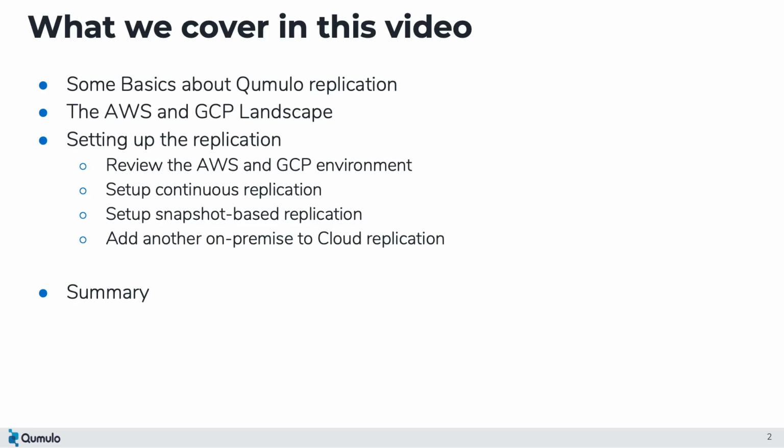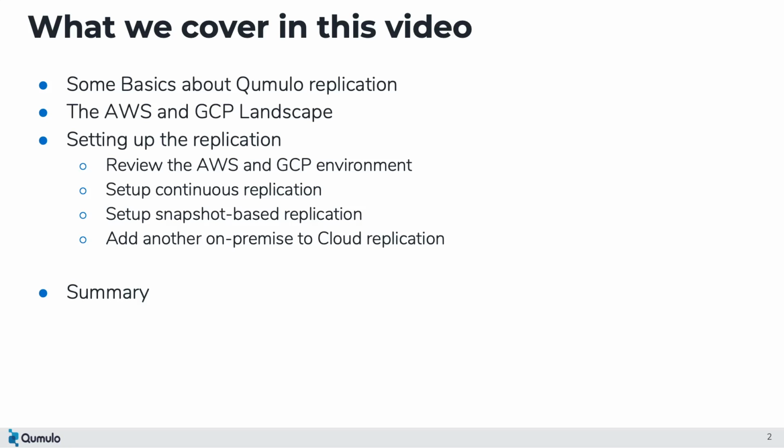First we will cover some basics about Qumulo replication. Then we will review the AWS and GCP landscape that we are using to implement clusters and establish replication between them. And then we will finally do it and review the AWS and GCP landscape in the console of AWS and GCP.